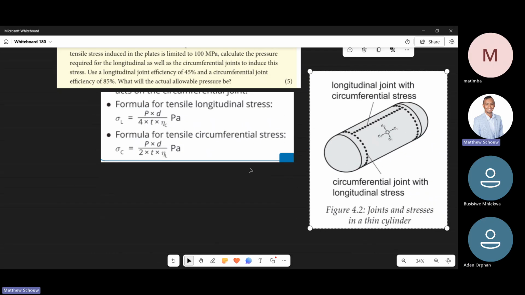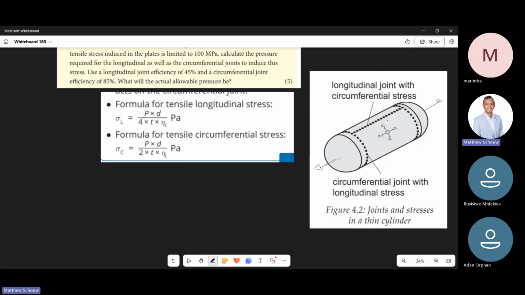So as you said, if you look at the longitudinal joint, the longitudinal stress wants to break the vessel like this. It wants to split the vessel in that direction, and the joint keeping it together is a circumferential joint.